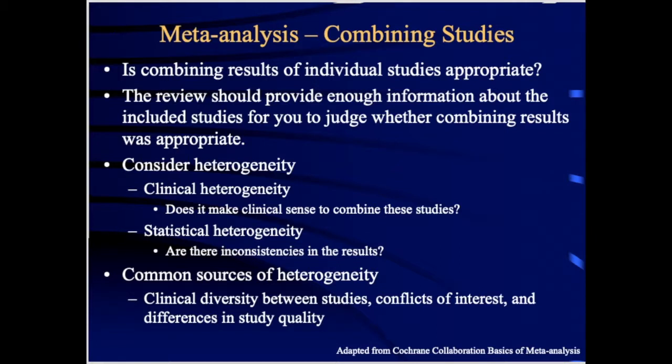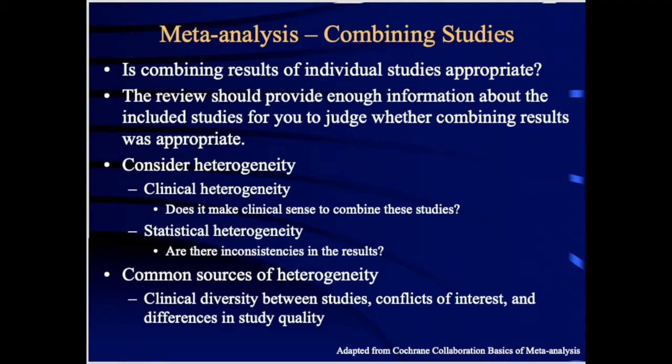There are two types of heterogeneity, and the assessment of these sources of heterogeneity, such as clinical and statistical, are very important concepts. Clinical heterogeneity assesses whether the studies were reasonably similar with regards to population, intervention, and outcome, and also whether the combining of studies makes clinical sense at all.